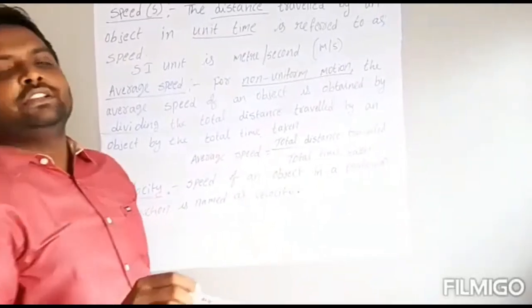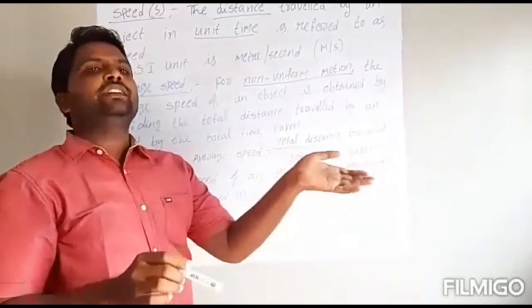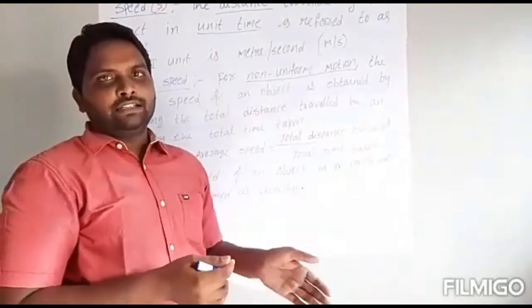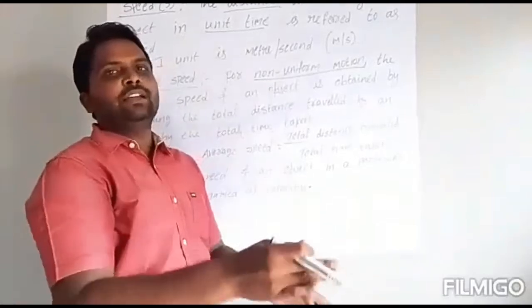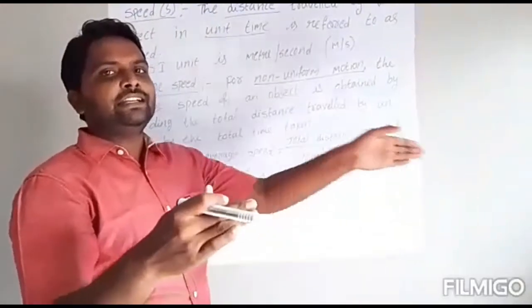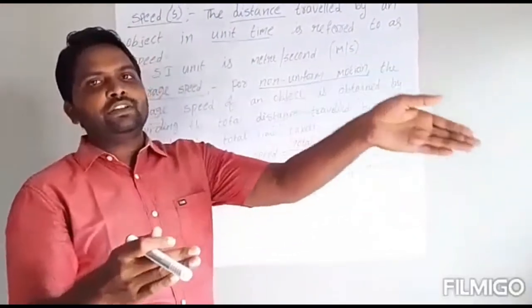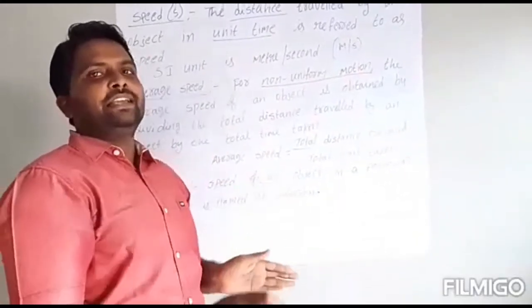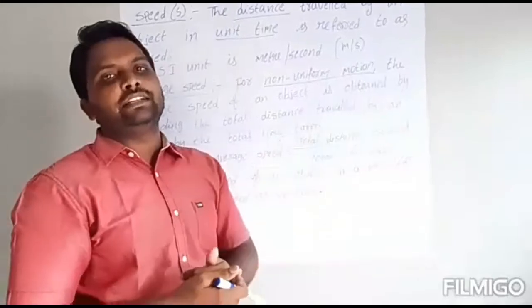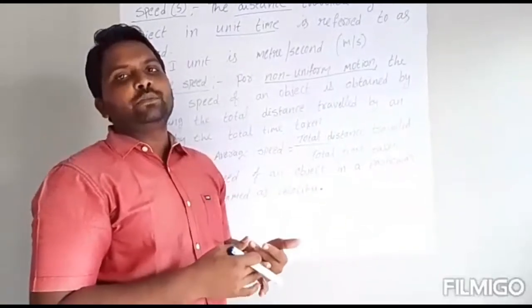Because in non-uniform motion it covers different kilometers, as I already said, in equal time intervals: 5 minutes, 5 minutes, 5 minutes. But here it is going 5 kilometers, here it is going 10 kilometers, here it is going 20 kilometers. The time is the same, but the distances are different. So that is called non-uniform motion.